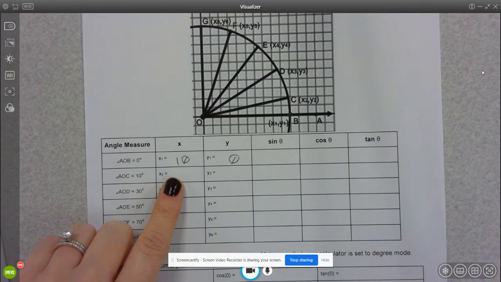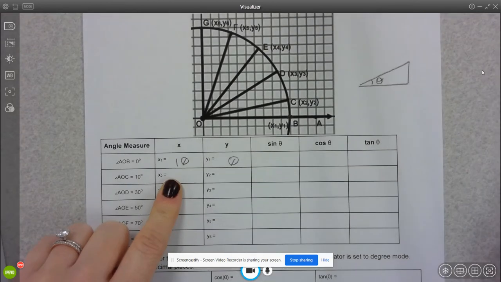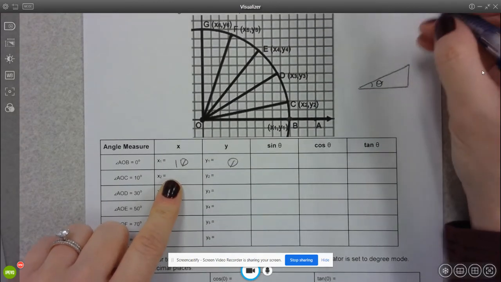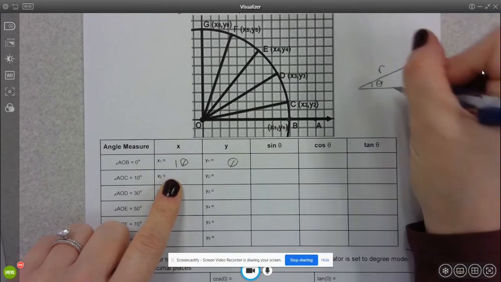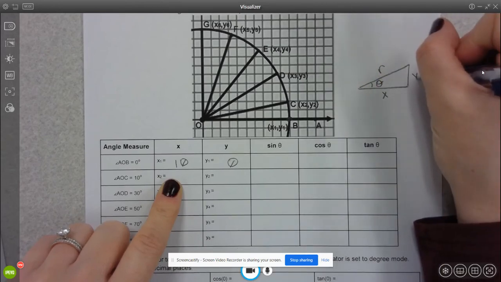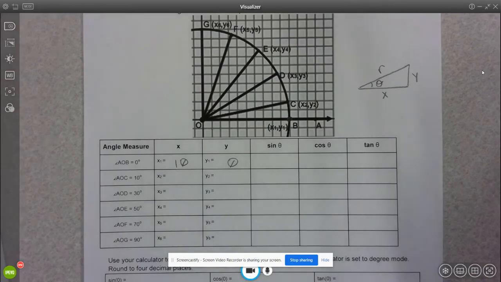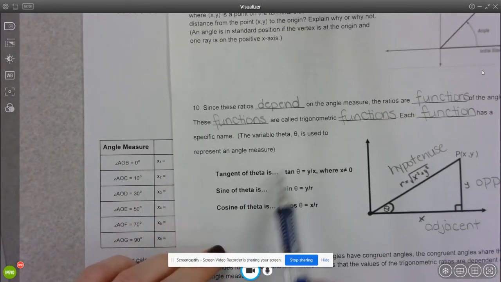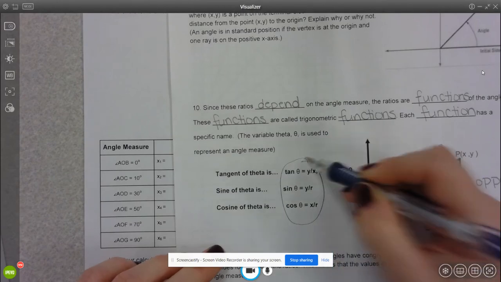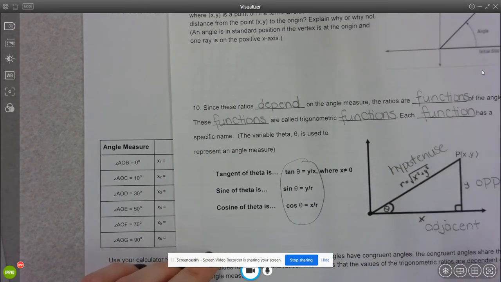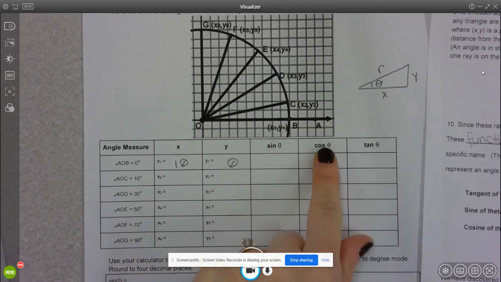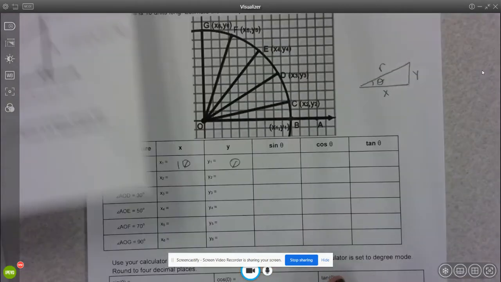Now remember, here is my theta. There it is. This is r, this is x, and this is y. So based on these here, these are what I'm using to get sine, cosine, and tangent.